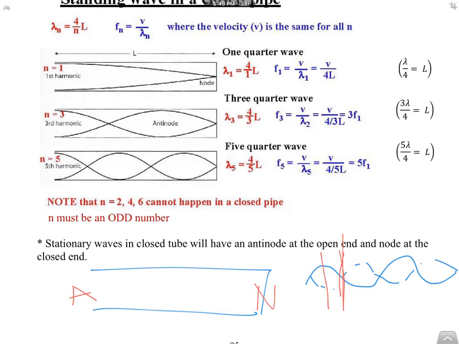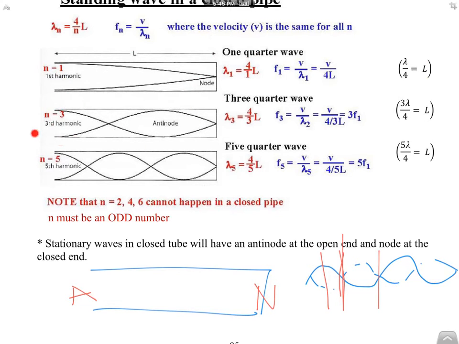And this is the lowest frequency at which resonance will occur, so we will call this f1, for example. Now the next time you get resonance, remember you must start with an antinode and end with a node. The second time you end with a node will be here. So you get the shape from here to here, which is this. So how many wavelengths is this?